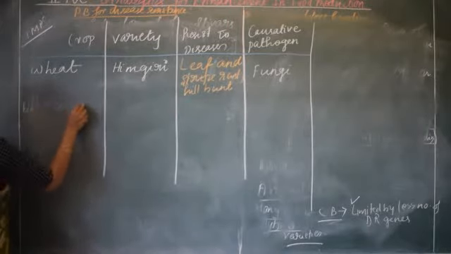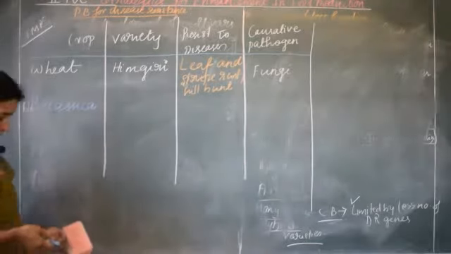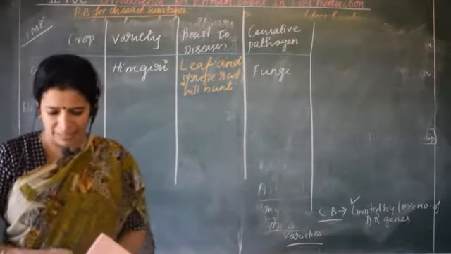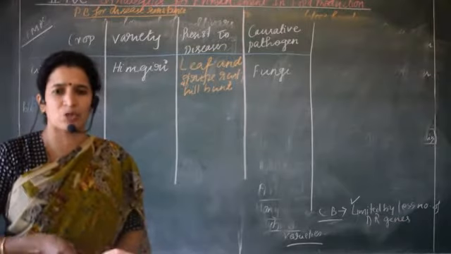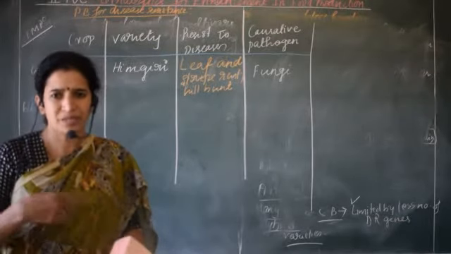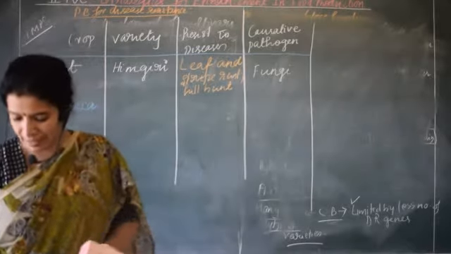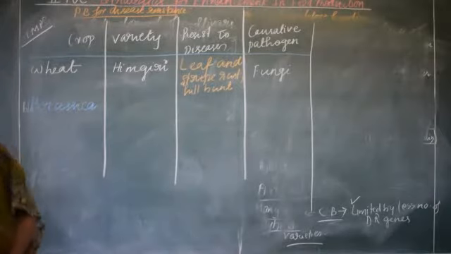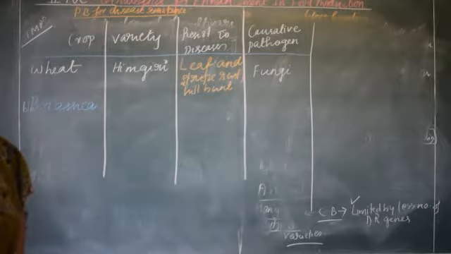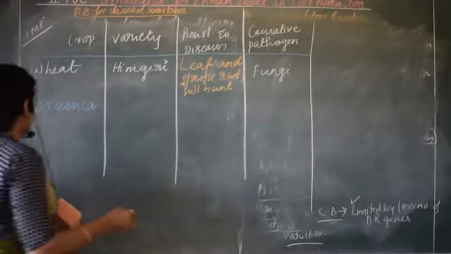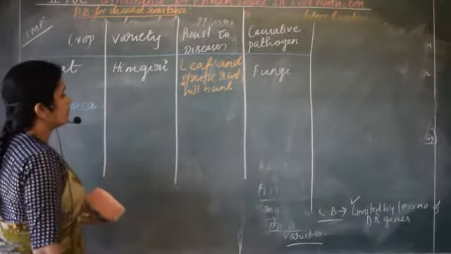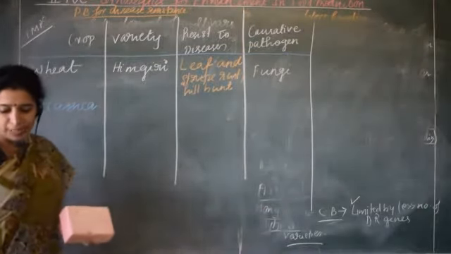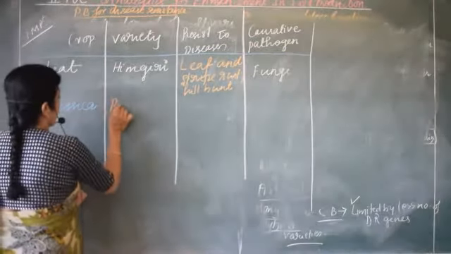Brassica means the mustard group, and there are many varieties of mustard, like cabbage, developed from these mustard plants. The variety name is Pusa Swarnim. Very important, for NEET as well as your board exam, for 1 mark, a question may come asking for the variety of Brassica which is resistant to these diseases. So the name is Pusa Swarnim.